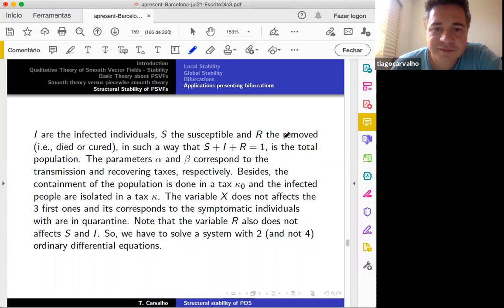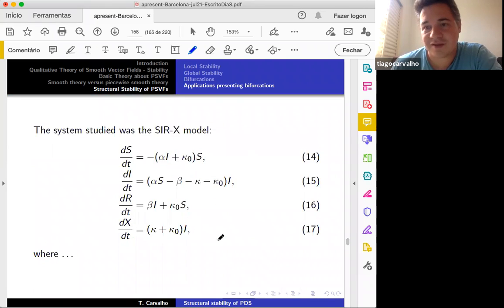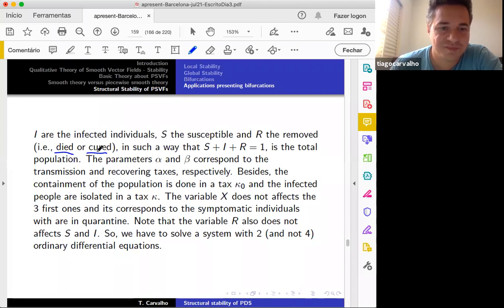And R corresponds to the removed individuals, those that die and those that are cured, or well, at this time, 2020, people still believed that a cured person cannot have an infection again.